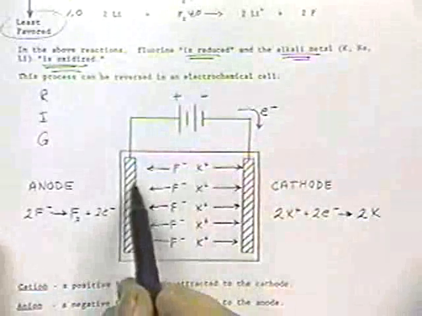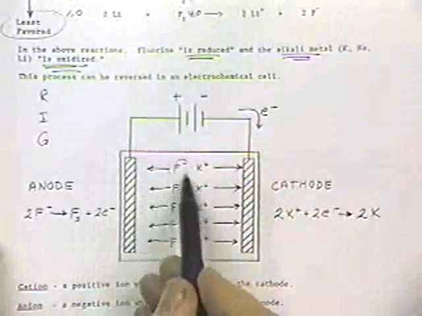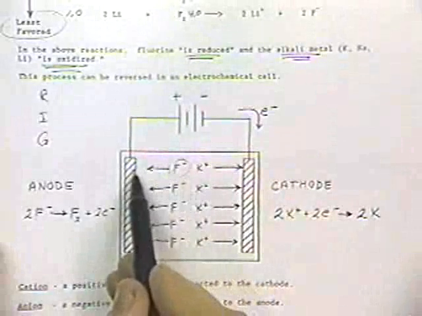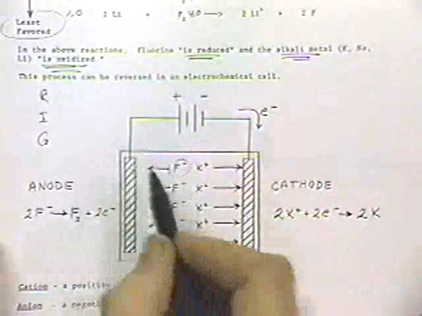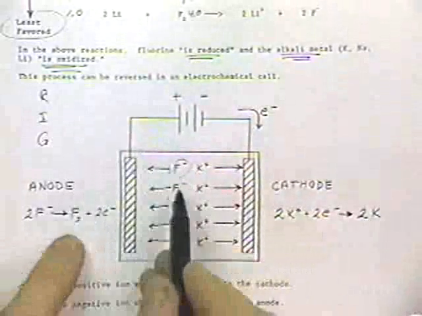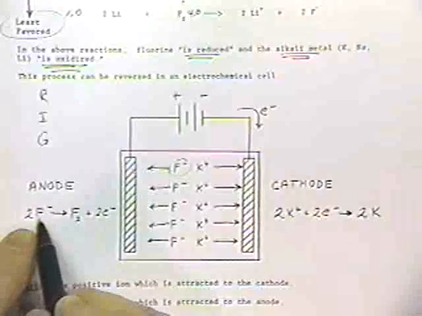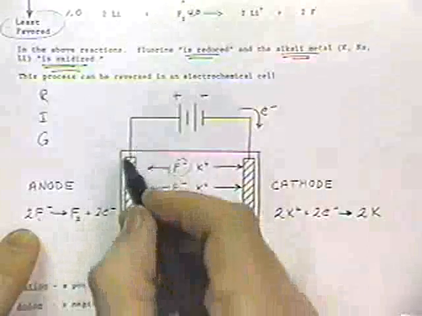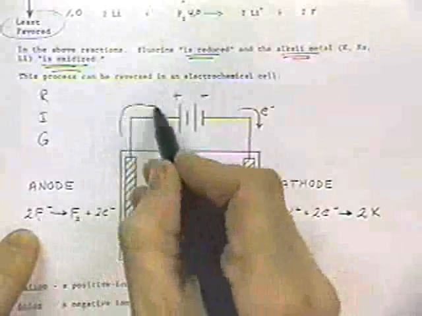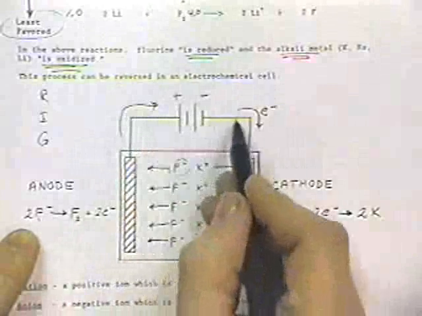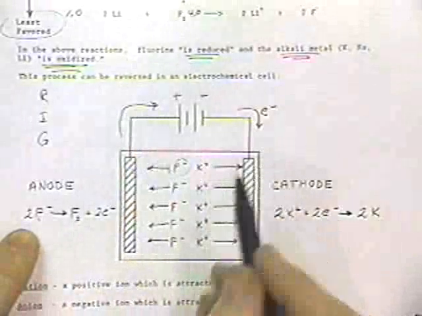What will happen is, because this is a positive charge, all these negative species are going to migrate to it, and the electron that's on this fluoride ion is going to be stripped off at the anode and pumped up using the battery and pushed on to the cathode.